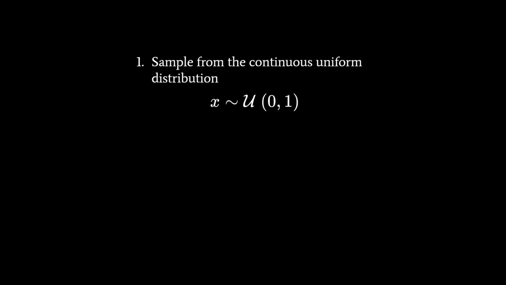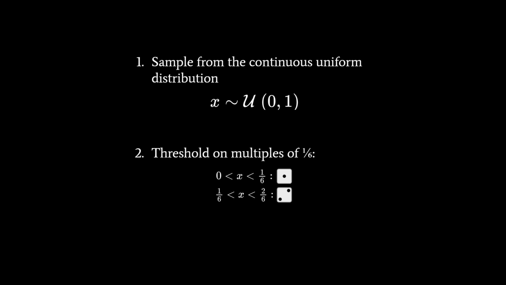Then we can do something like this. First, we generate a sample from that other program, and if the value that we observe is below 1/6, then we output 1. If it's between 1/6 and 2/6, then we output 2, and so on. This is a sample from the dice roll distribution. It gives each face of the dice roughly 1/6 of the time.